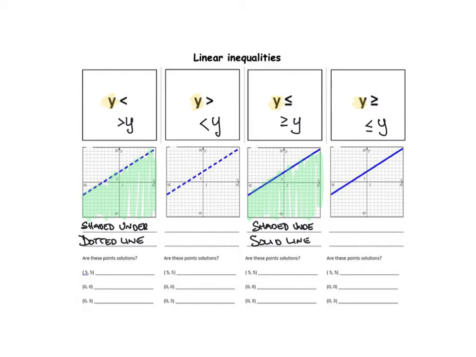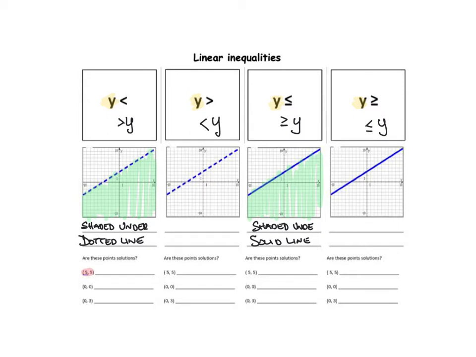Now, you still might be a little confused. So this is what we are talking about. The reason why it's important for us to know where we're supposed to shade is because the shaded area represents all the points that are going to be part of the solution. Example, let's start with this point right here, 5, 5.